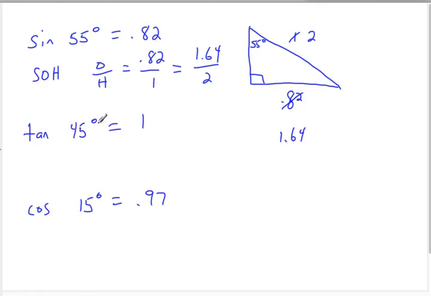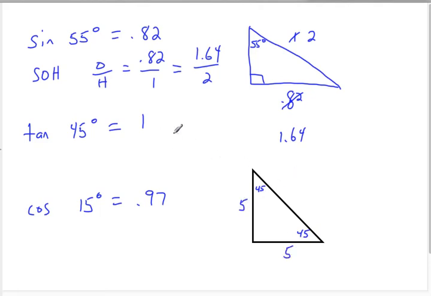Tan 45 degrees, why does it equal 1? Well, a 45 degree angle, let me see if I can find one here. Here we go. So if we have a triangle that has a 45 degree angle, you may or may not know this, but if these are both 45 degrees, then these sides are the same. So like if this is 5, then this is also 5.